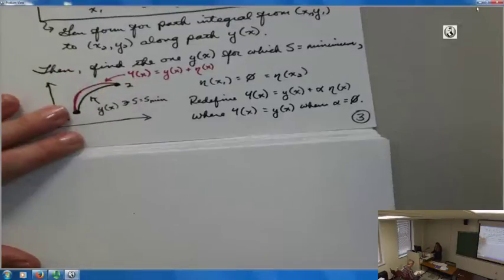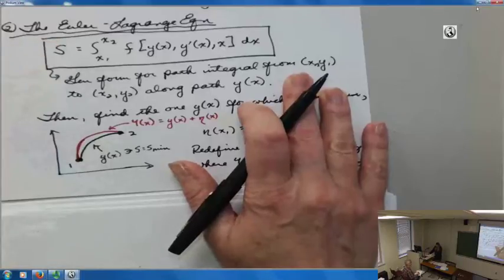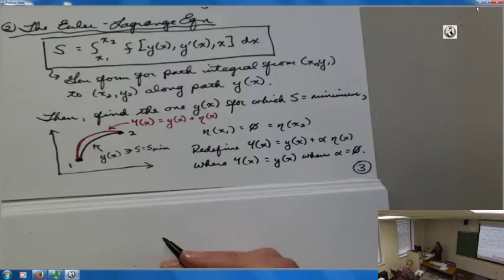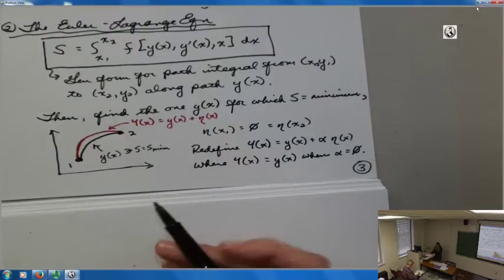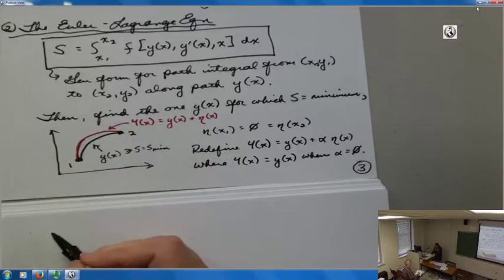Now I want to rewrite my general integral, which is right here, but I want it to have alpha in it because I want it to be a function of alpha. Alpha is the thing I want to consider. I want alpha to be small, and I want the derivative of this with respect to alpha to be 0. That's the variable that I want.